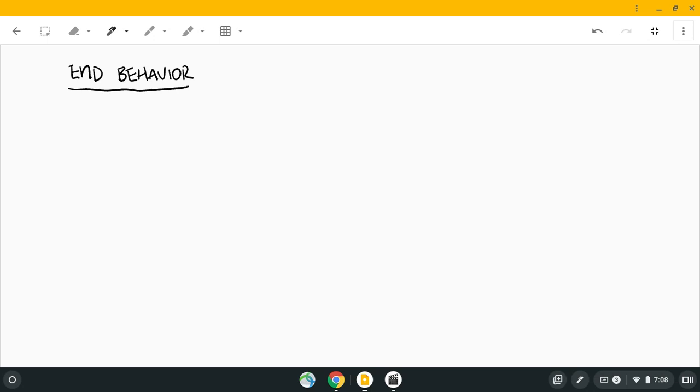It's these higher degree polynomials, degree 3, degree 4, degree 5, etc. One of the things we need to do in order to graph them is to look at what happens on the left end and the right end of the graph. We call those the end behavior.